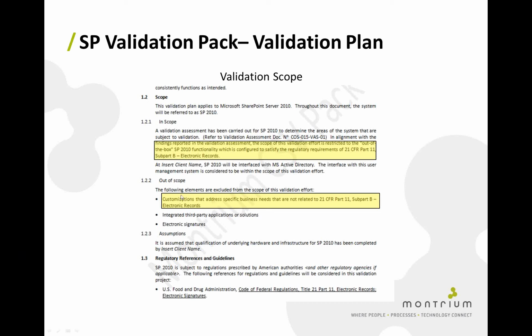So we actually clearly specify what is out of scope. So out of scope is any customizations that address specific business needs that are not related to 21 CFR Part 11. The reason why we do this is because we're going to deploy regulated applications on top of this foundation. And so typically for our regulated applications, we'll also have a series of validation documents which will really describe the functionality and the approach that we're taking to validate those applications which are deployed on top of this.